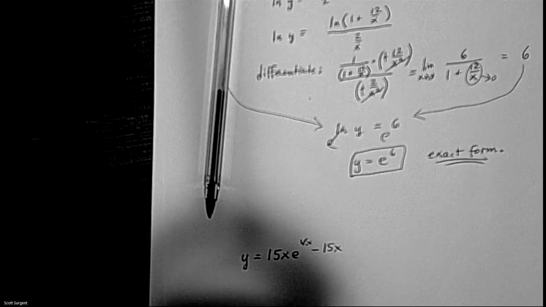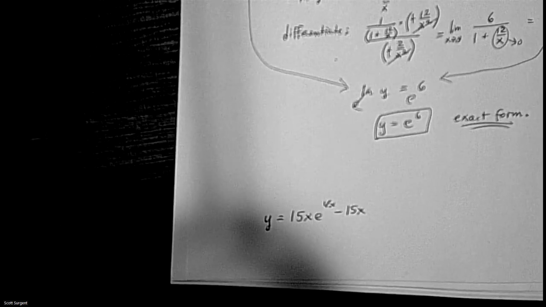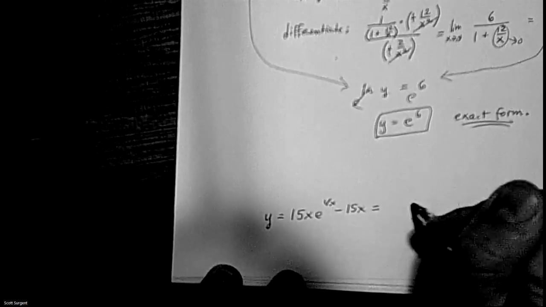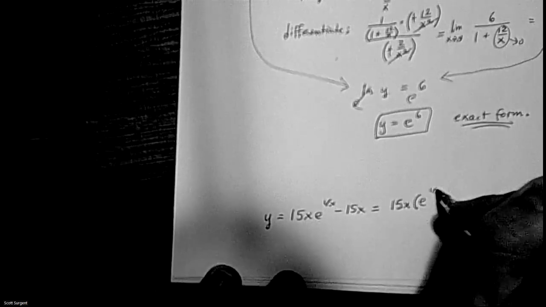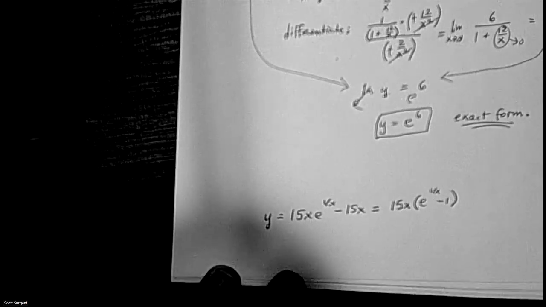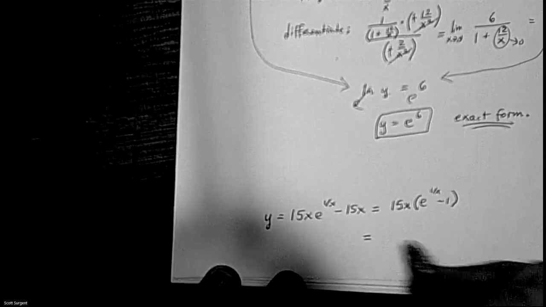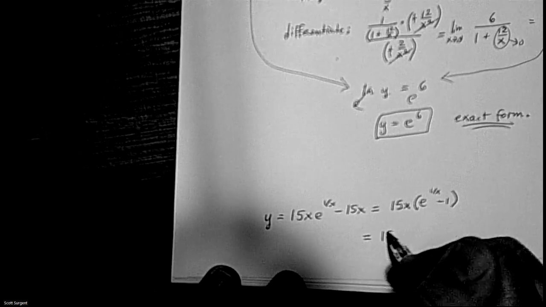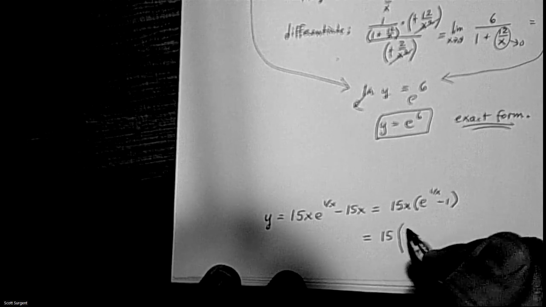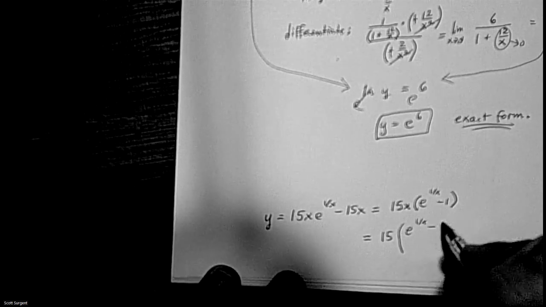If you wanted to work this one out analytically, you can factor out the 15x. You get e to the 1 over x minus 1. That's a product. And again, now the 15 is just really going along for the ride. You can pretty much pull it out in front, forget about it until the very end. But you have to force it into a quotient.